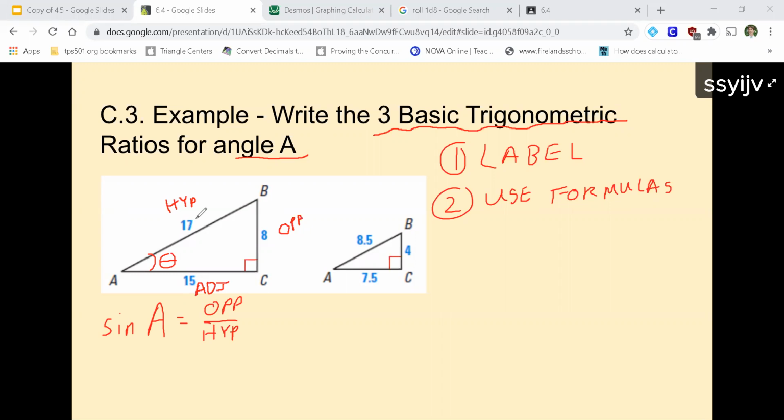So for our problem then, the sine of angle A would be 8 over 17. In future classes, I will show you how to use this formula to find out what angle A is. But again, we're not going to do that now. Just setting up, this is done. I have written the ratio for sine.